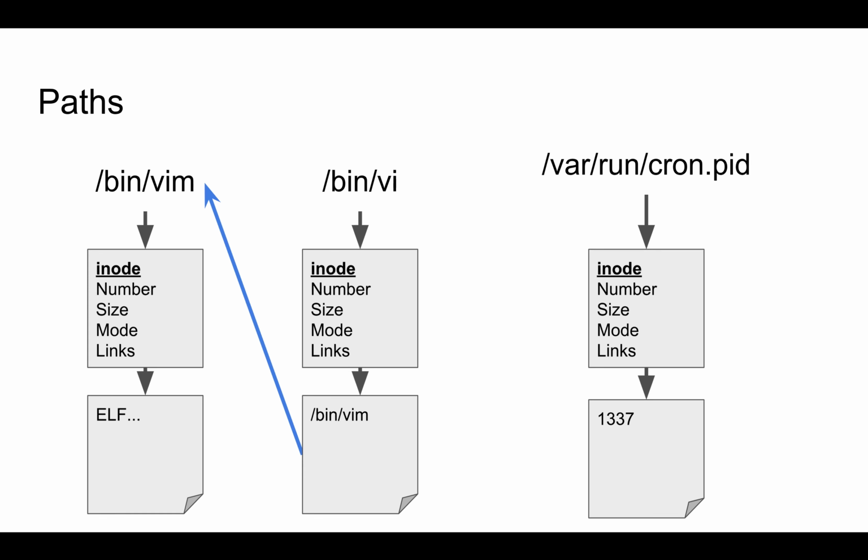So this is not a document, a text file whose contents are /bin/vim. This is a symlink. So you look at the contents of it and you interpret that as a path in the system. If that's not a valid path, or if it points to something that doesn't exist, then you've got an error. But it's meant to be interpreted as a symlink. So this is how it will actually look on disk.